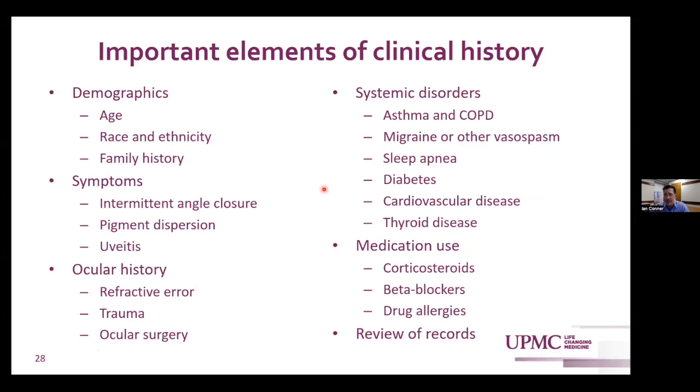Cardiovascular disease and thyroid eye disease can elevate the episcleral venous pressure. Medication use, of course: corticosteroids we care about because they can raise the risk of glaucoma. Beta blockers may make some of the medications we use less effective if we're using topical beta blockers. And drug allergies, because we don't want to give medications that they may have an allergy to.